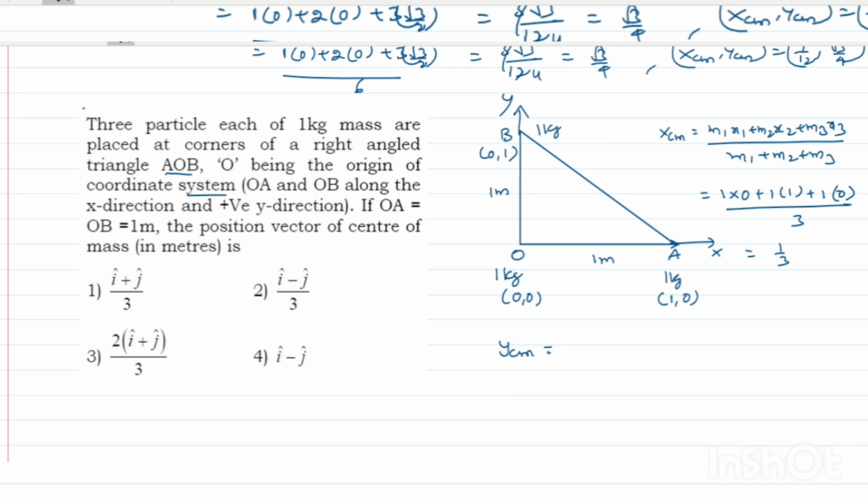YCM is m1 y1 plus m2 y2 plus m3 y3 by m1 plus m2 plus m3. Now substitute all these values, students. m1 is 1 into y1 which is 0, plus m2 is 1 into y2 which is 0, plus m3 is 1 into 1, by the total mass which is 3, which is nothing but 1 by 3.